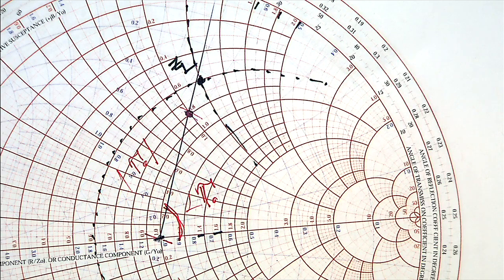No, both of them are positive. It's 30 plus j60. The upper half is positive, the lower half is negative. This is what we had here. So the upper half is positive numbers, and then the lower half is negative numbers.